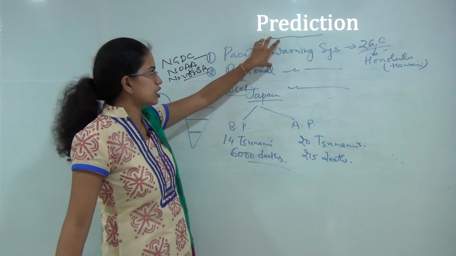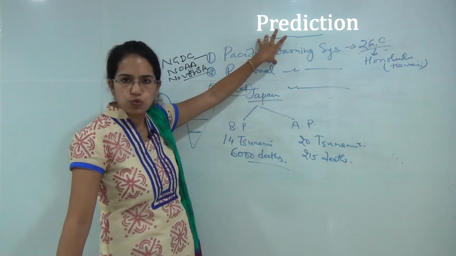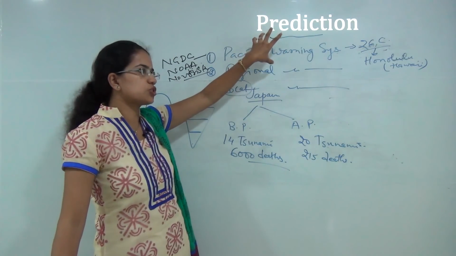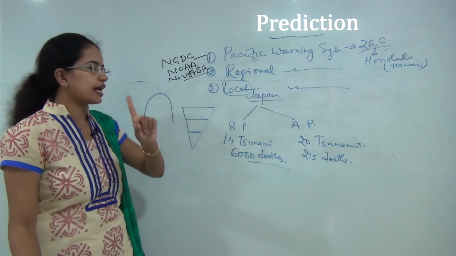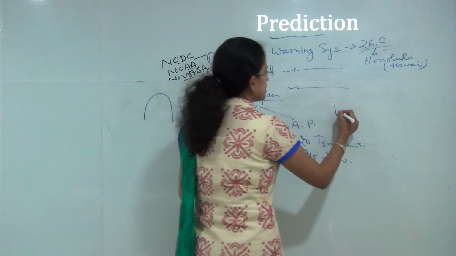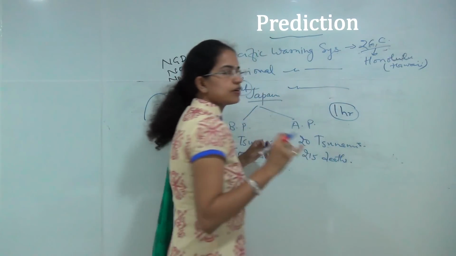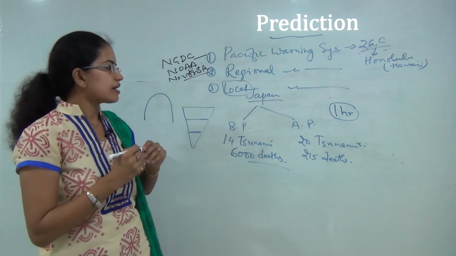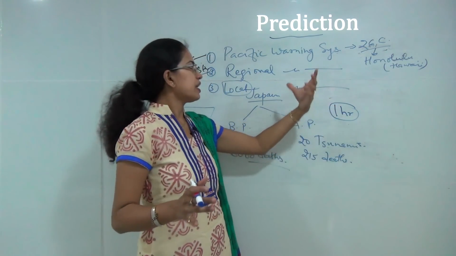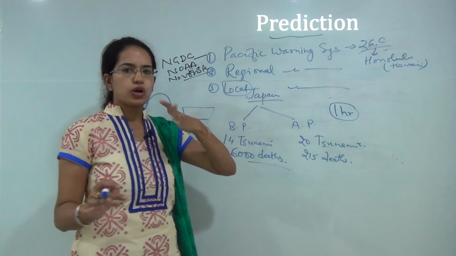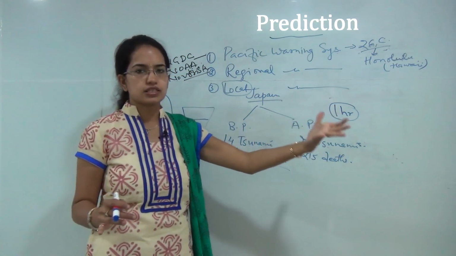So this Pacific warning system issues warning. The warning threats are issued around 4 hours prior. So there is 1 hour time frame that is used to integrate all the data from the various regional centers, and within 1 hour, once all the data is integrated, it tries to provide warning 4 hours in prior to a tsunami touching the coast.